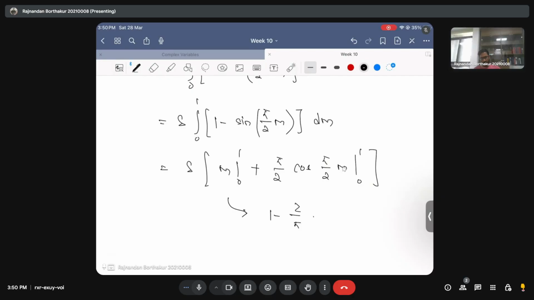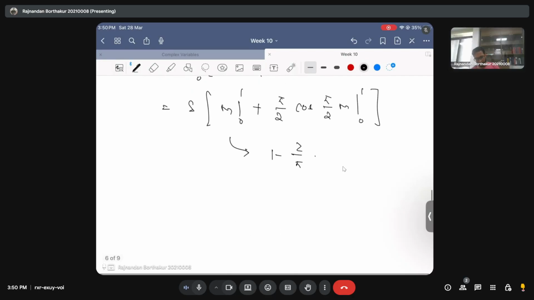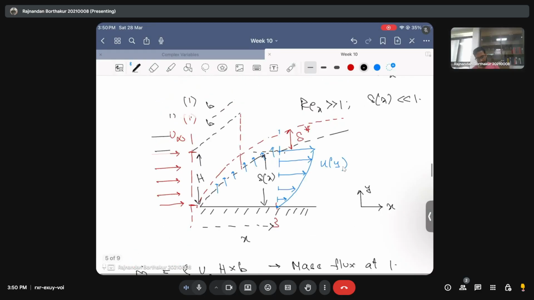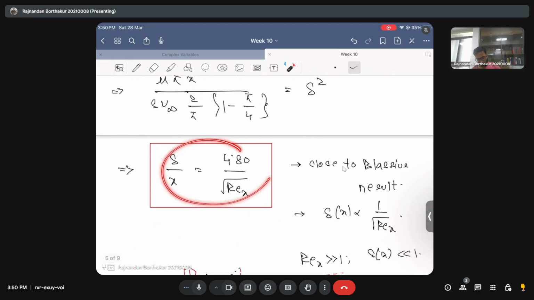Okay. All right. So then your delta star is simply equal to delta times 1 minus 2 by pi. But we know delta, right? We have evaluated delta. Delta is equal to 4.80x by square root of Re_x.